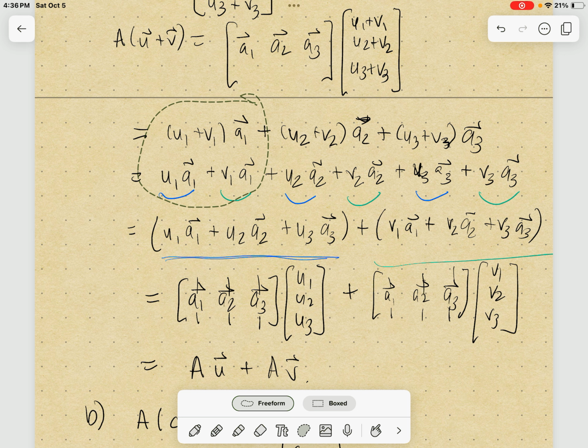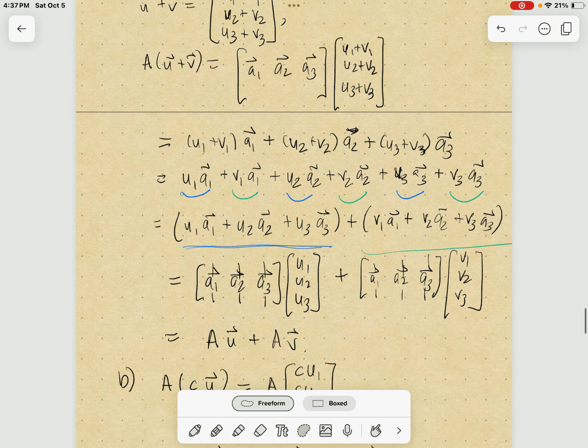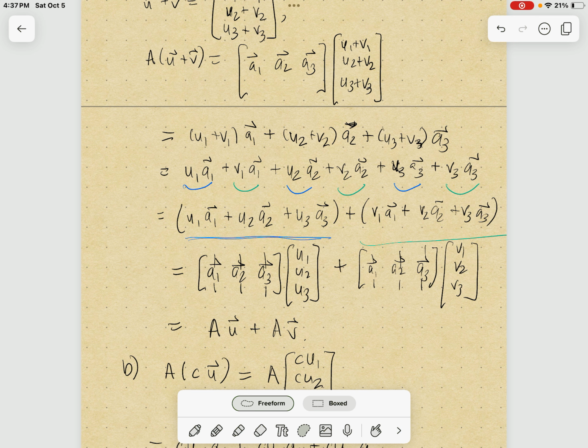I guess the reason why this thing that's being circled is true is because of the distributive property of real numbers. So the distributive property of real numbers comes into the proof of this theorem. If we didn't have the distributive property of real numbers, then we wouldn't have this theorem. Anyway, thanks for watching.